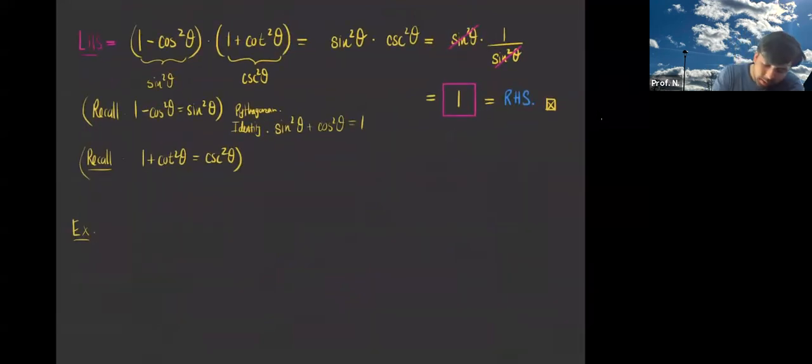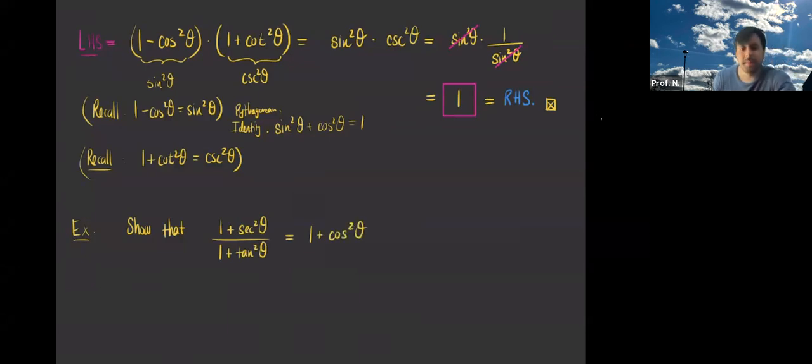So what if I get this? Show that 1 minus cosine theta over 1 plus secant squared theta over 1 plus tangent squared theta equals 1 plus cosine squared theta.